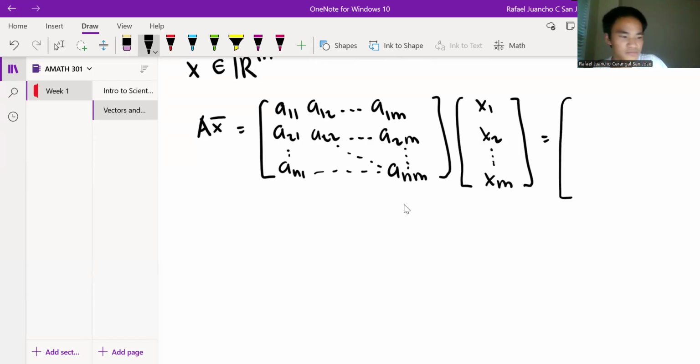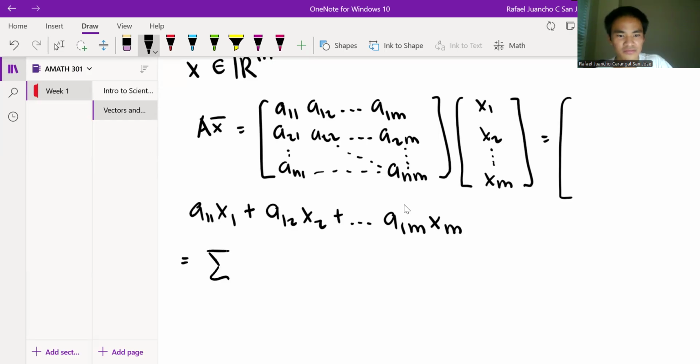This is equal to, let's try this first one. So the first one, what are we doing? We're getting the dot product of this one to this one, right? That's going to be a11 times x1, adding a12 x2, all the way to a1m xm.